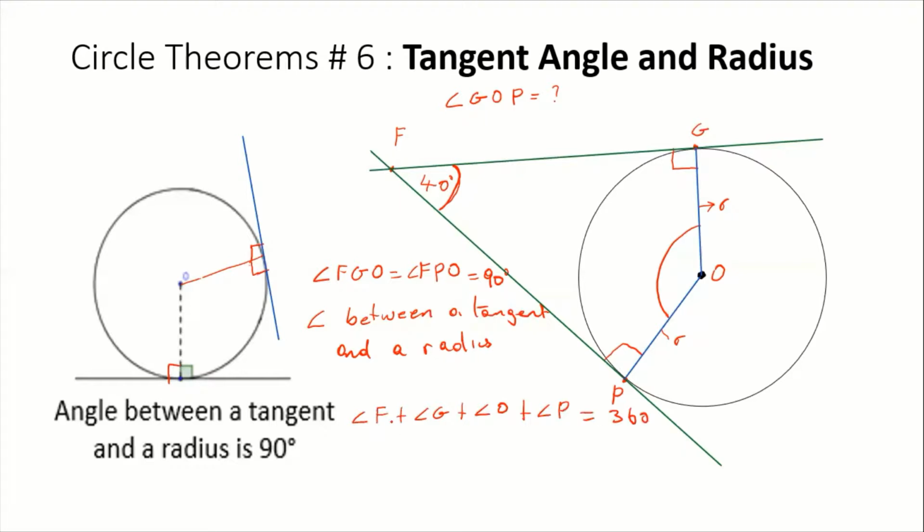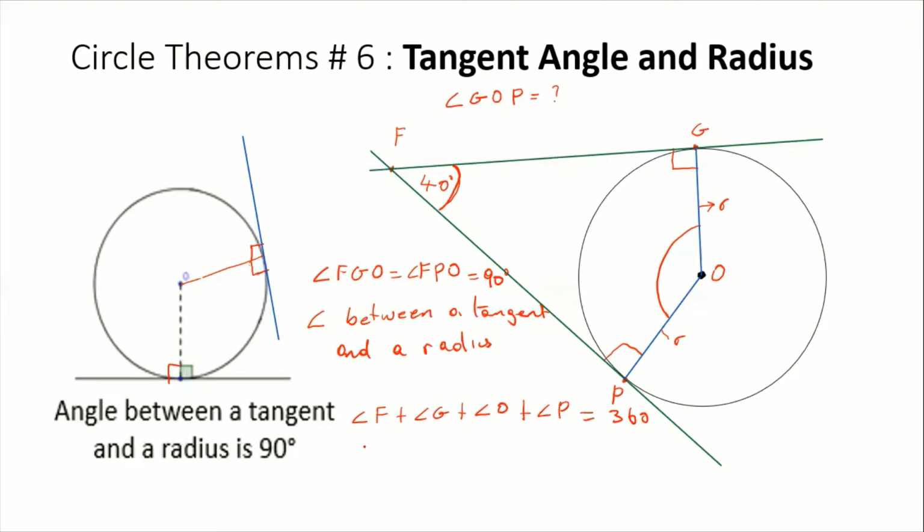And you state your reason. How did you know that when you sum up these angles, it must give you 360 degrees? It would be: sum of angles in a quadrilateral, right? Now, you could proceed.